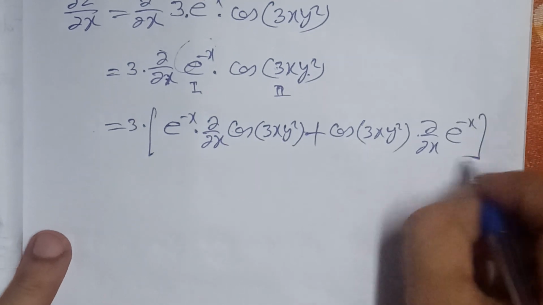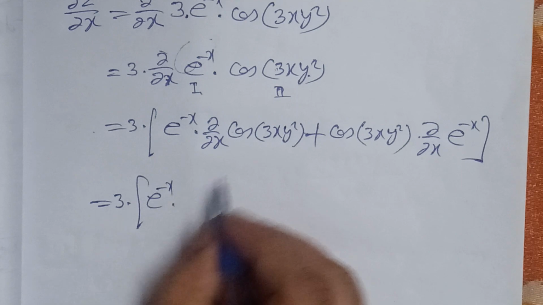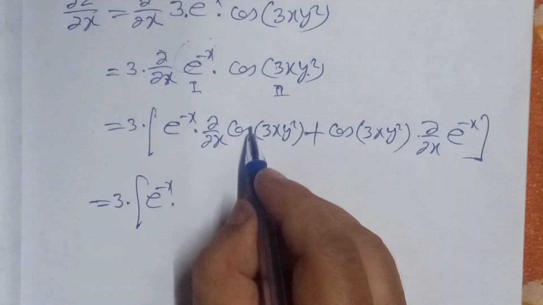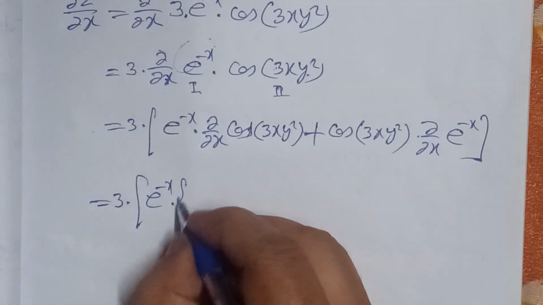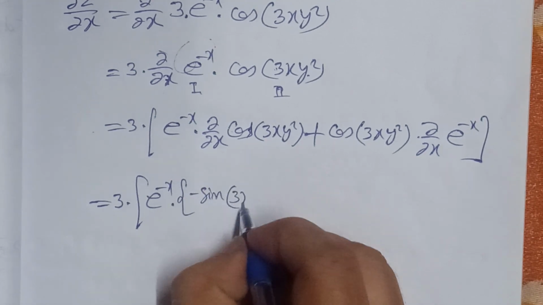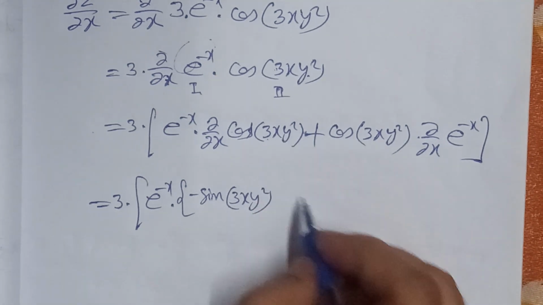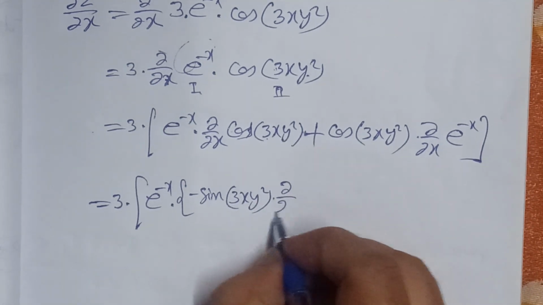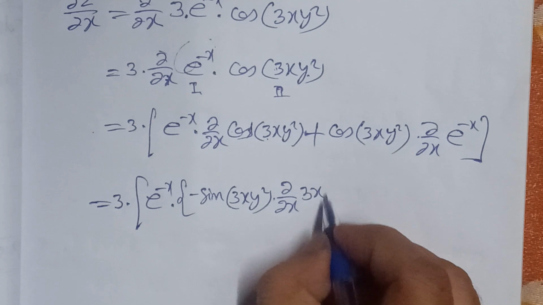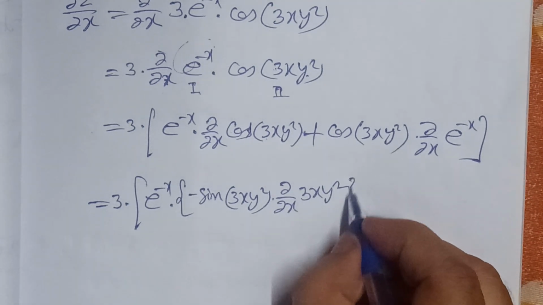The first is e^(-x). So 3 times e^(-x), and on differentiating cos, we get minus sine, but here it is not x, it is 3xy², so by chain rule we should differentiate 3xy² with respect to x partially, and close this bracket.